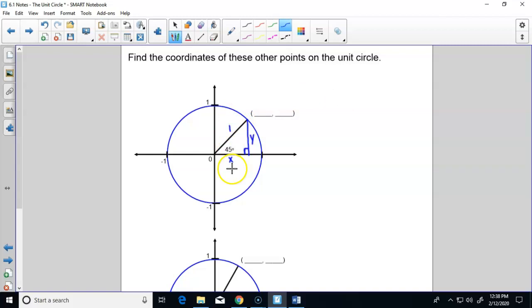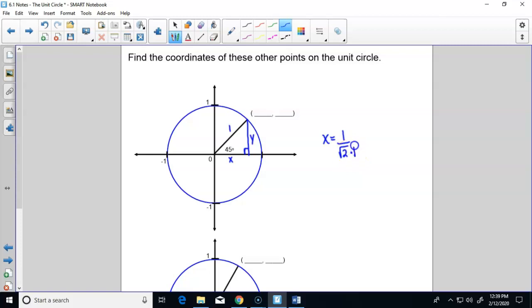Patrick, what would I do to find the X? We'll divide by the square root of 2. So we'll take 1 and divide it by the square root of 2. But the rulers of the mathematical kingdom say that we can't leave the square root in the denominator.